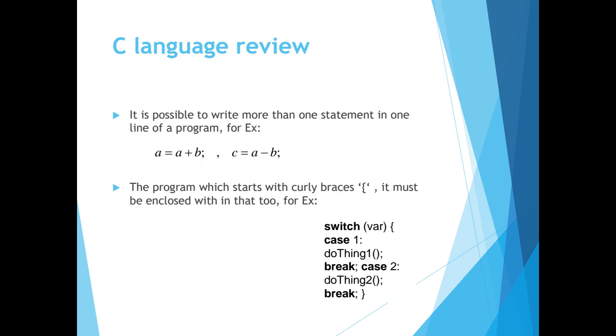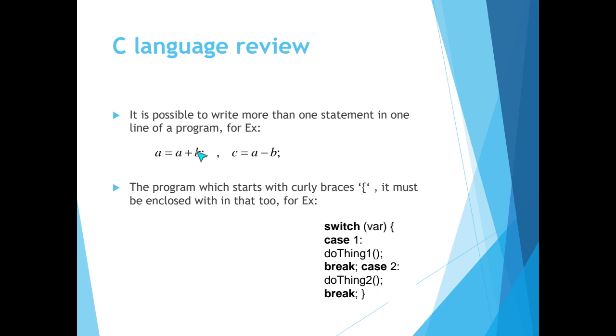So about C language, it is possible to write more than one statement in one line of the program. For example, as you see, A is equal to A plus B, semicolon. Don't forget the semicolon, and you should be so careful about using it.